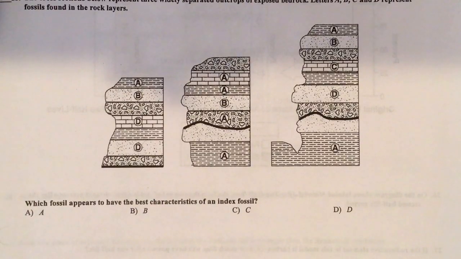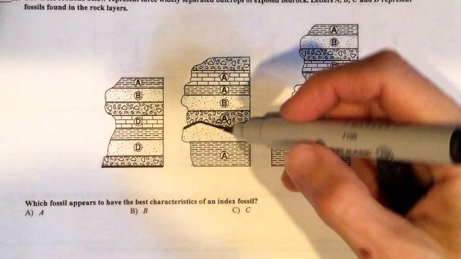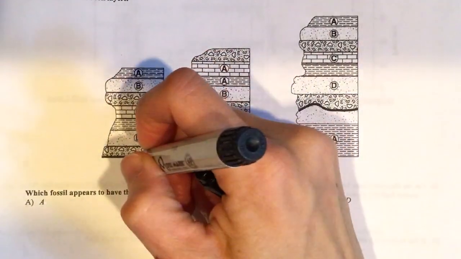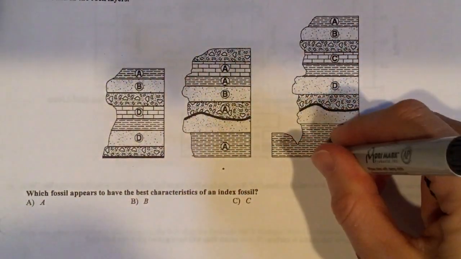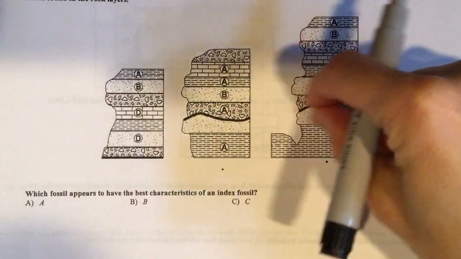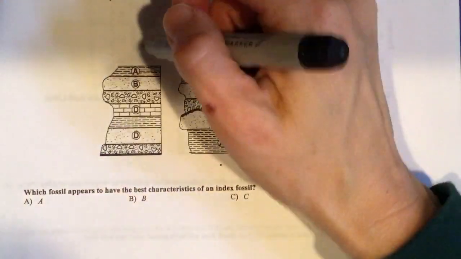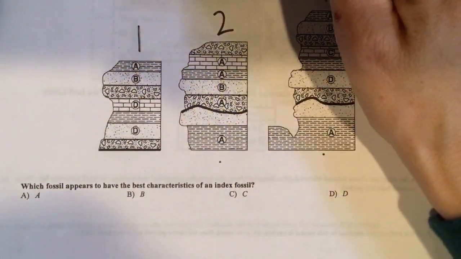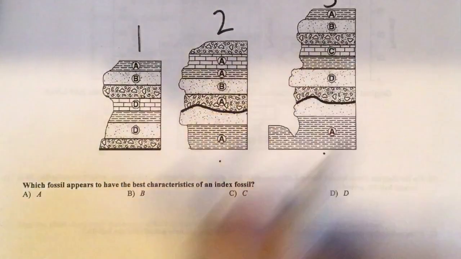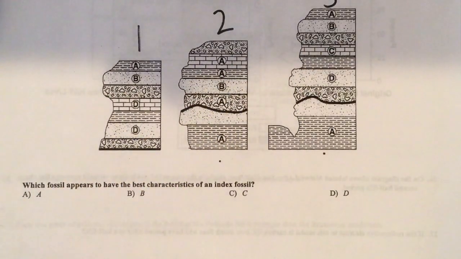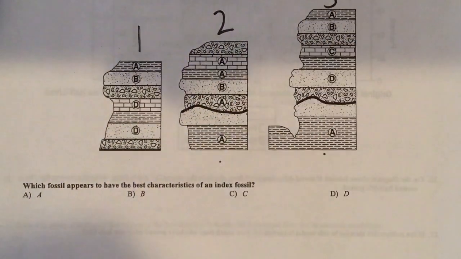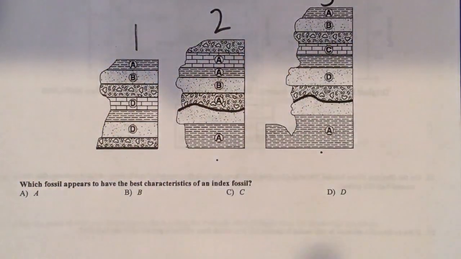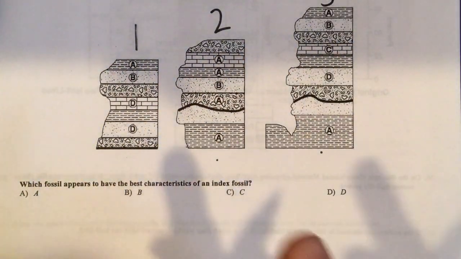An index fossil appears for a short period of time, which means it would be in just one of these layers in each of these outcrops. The other characteristic of an index fossil is that it must appear over a large area. So each of the outcrops has to have it in one of the layers.